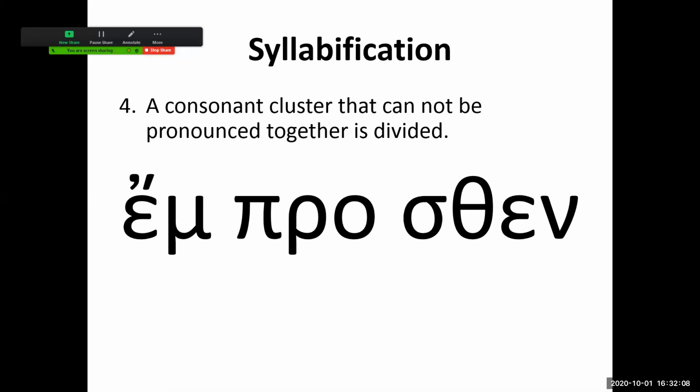Imp, impros. No, it's easier: improsthen. Notice the accent is on the first syllable, but each syllable is pronounced separately.